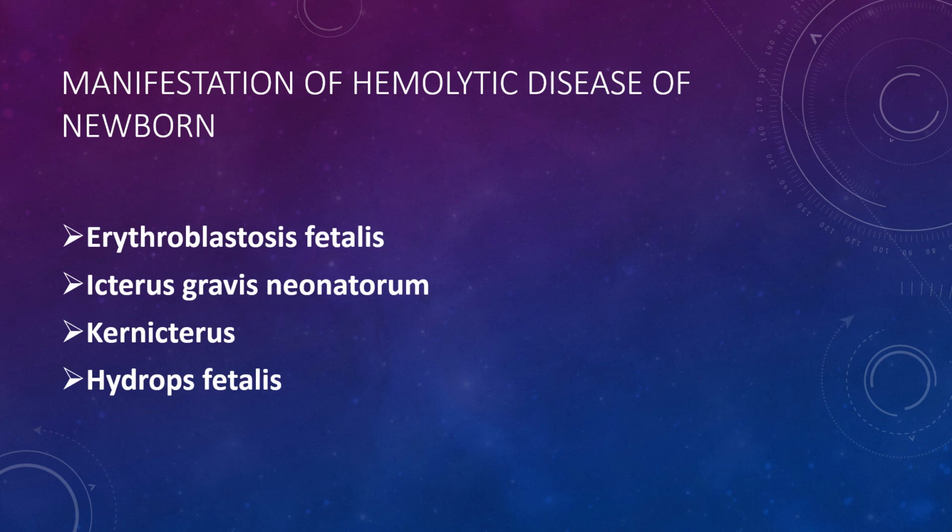Why does it happen that more and more immature RBCs are present in the peripheral blood circulation? It is basically the baby's attempt to rapidly replace the hemolyzed RBCs.